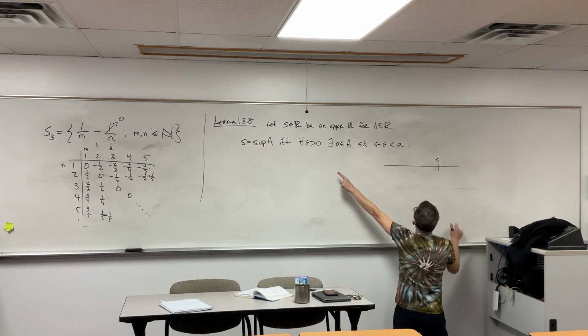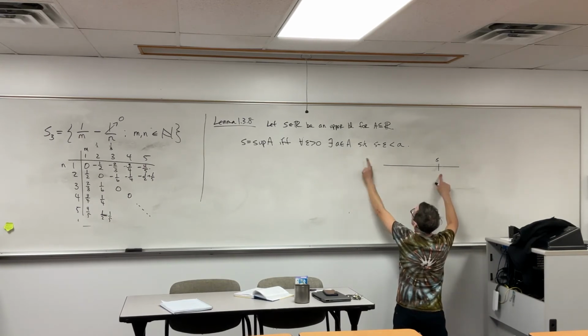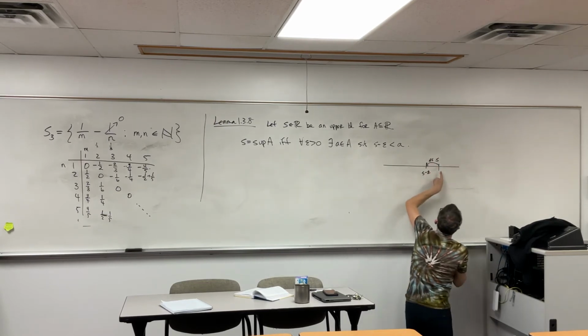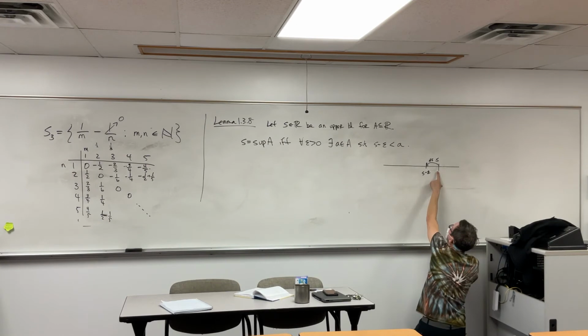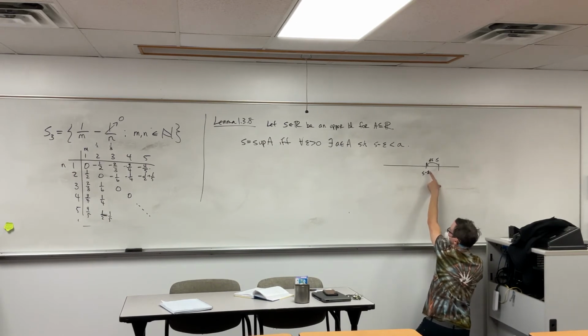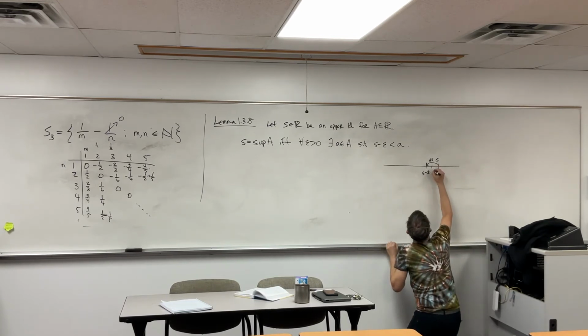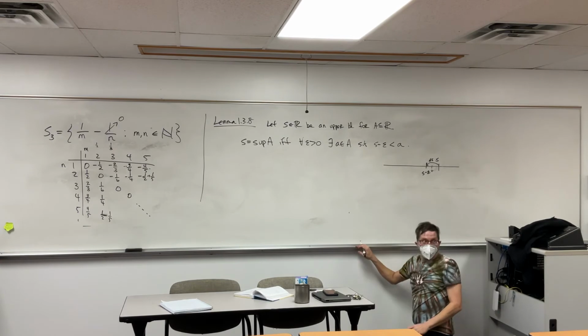So look at what this says. If that's the supremum, for any positive jump to the left, so subtract off epsilon, and there's S minus epsilon. No matter how tiny that jump is to the left, and epsilon is positive, that's why it's important, there's gotta be some part of the set that's inside that gap.